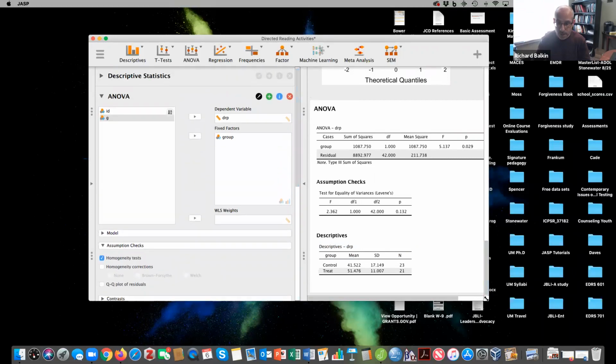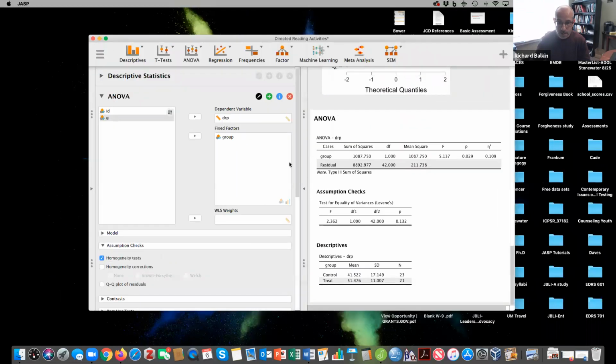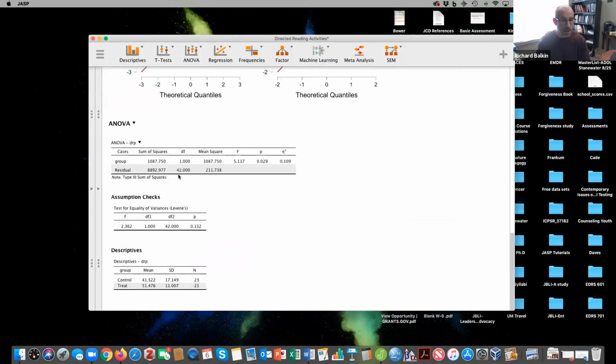So here, let's just take a look. F of 1, 42, those are my degrees of freedom, equals 5.14. P equals 0.029. There's a statistically significant difference between the treatment and control group.